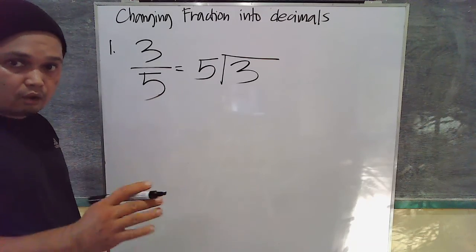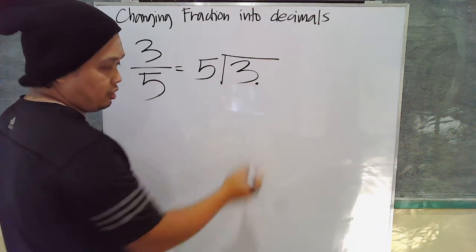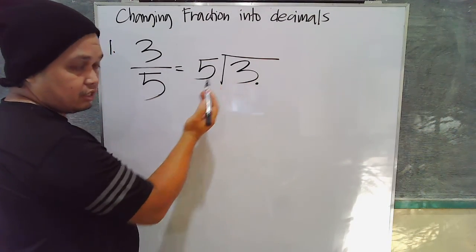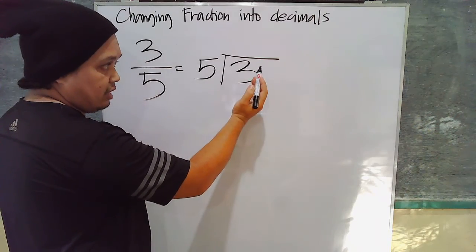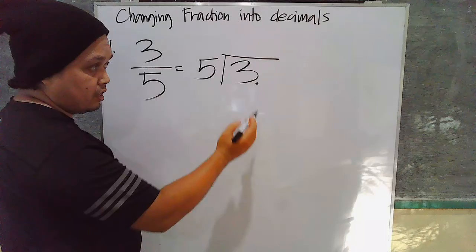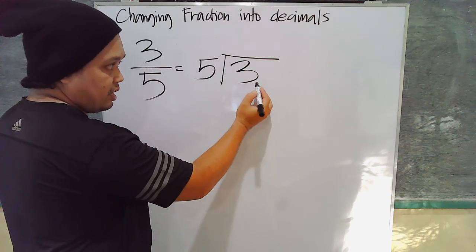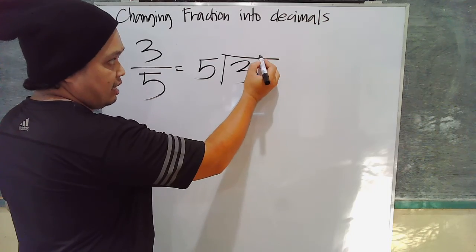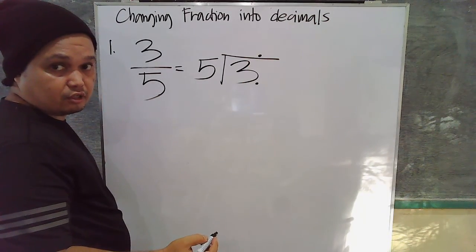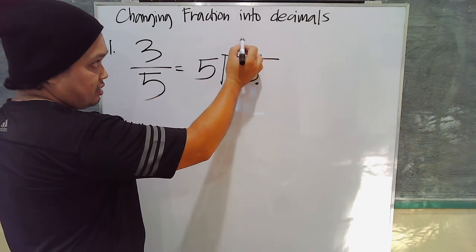Okay, so how? First is you put a decimal point here, because to the left, that's the whole number, while to the right of the decimal point are the decimal numbers. So by dividing, let's first put a decimal point here, and let's have a decimal point here also at the top for our answer, and at the top of 3 is 0.